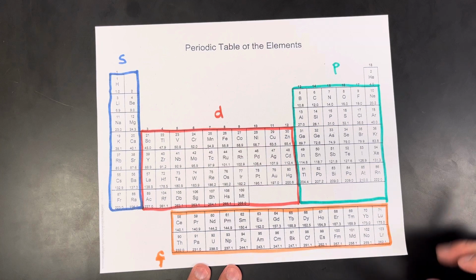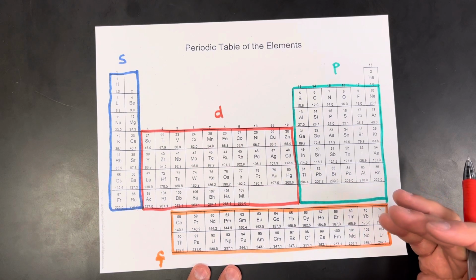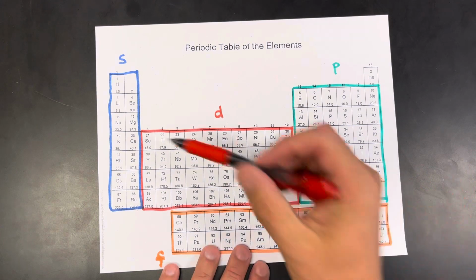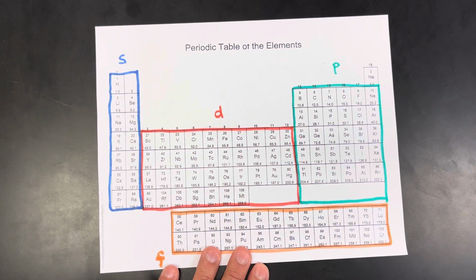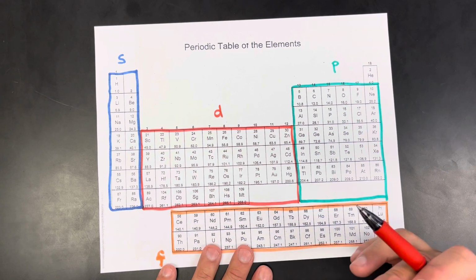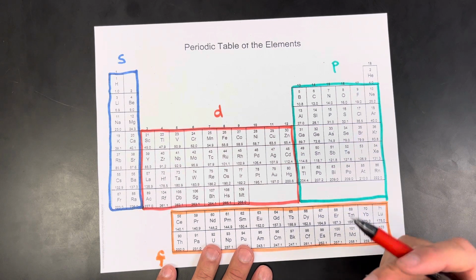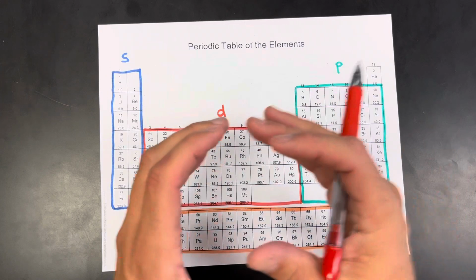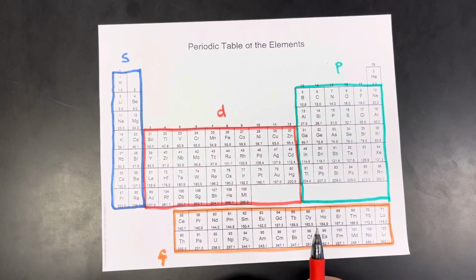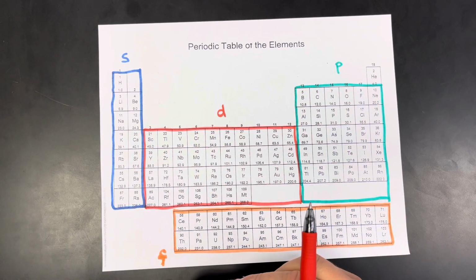Now, what we've learned in previous lessons is how to calculate protons, electrons, and neutrons using the atomic number and the atomic mass. And from that, we know that the protons and neutrons go into the nucleus and that the electrons are going to be in orbits around the nucleus. And what electron configuration tells us is how many electrons are going to be on each of those orbits in a Bohr model.